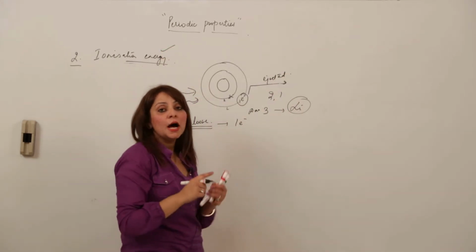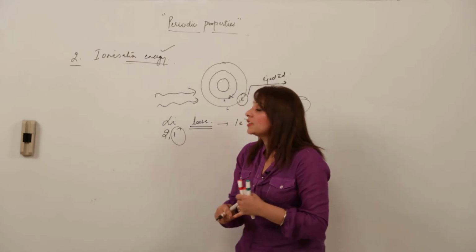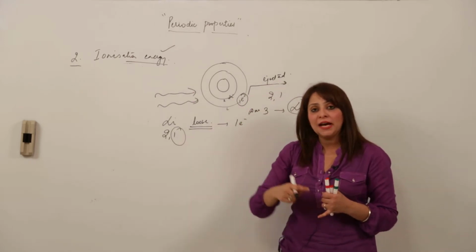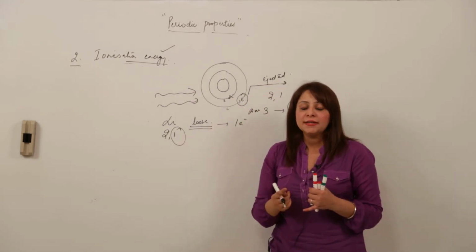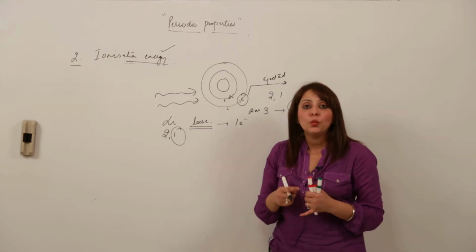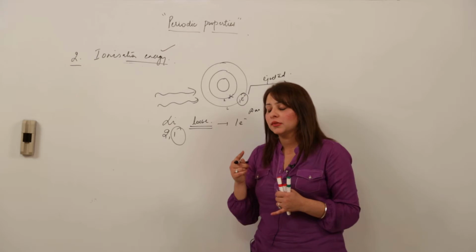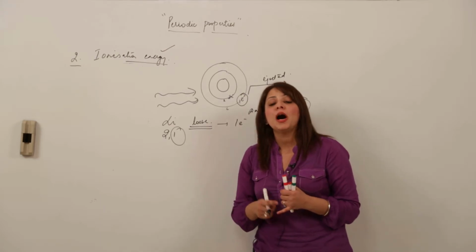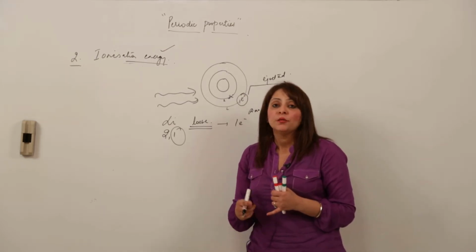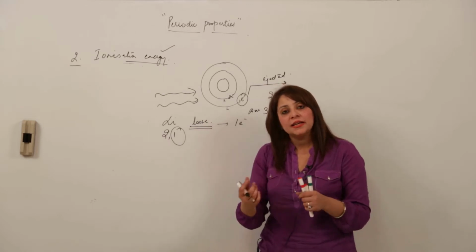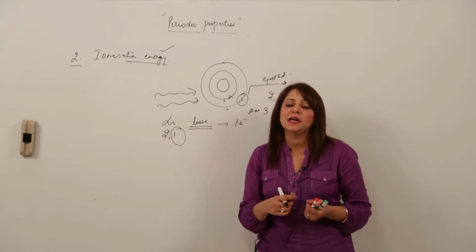I repeat, it is the amount of energy which is required. Required means we have to supply it from outside, right? The amount of energy which is required to remove the most loosely bound electron from the outermost shell of an atom. Any electron that enters, enters into the valence shell, that means the outermost shell.